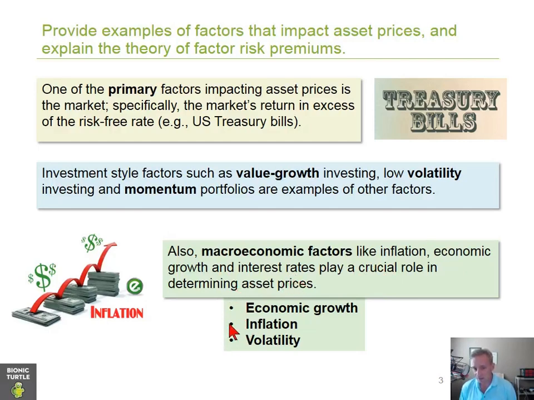I teased these three out just to make a note that Andrew Ng, who again I'm going to say is a very legitimate and trusted author, an excellent book. Speaking for myself, I value a lot of what's in this book because it's well researched. He asserts that the three most important macroeconomic factors are economic growth, inflation, and volatility.